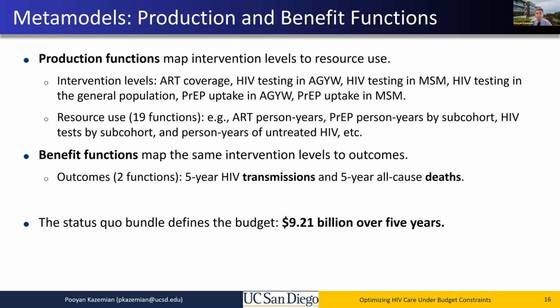The status quo bundle defines the budget, which was $9.2 billion over 5 years. So we fixed the budget and we asked the question of, can we optimize the allocation of this budget among different available interventions in order to minimize HIV transmissions, and as a secondary analysis to minimize all-cause deaths over the next 5 years.